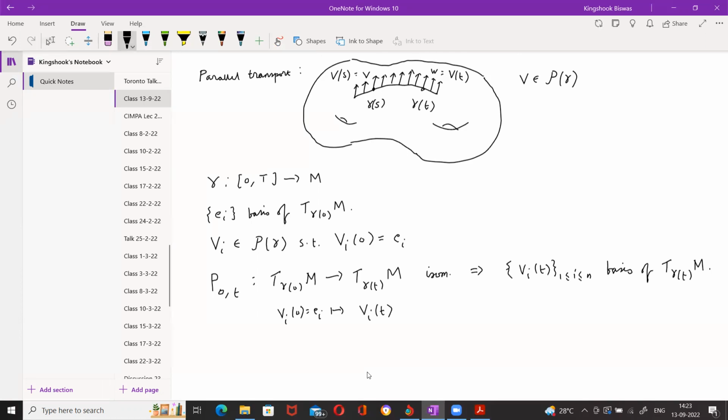Because the parallel transport map is an isomorphism, so it's going to take a basis to a basis. Once you start with a basis at one point, if you parallel transport the basis, you'll get a basis at any point along the curve. So it's actually convenient to write vector fields along gamma in terms of this parallel basis.